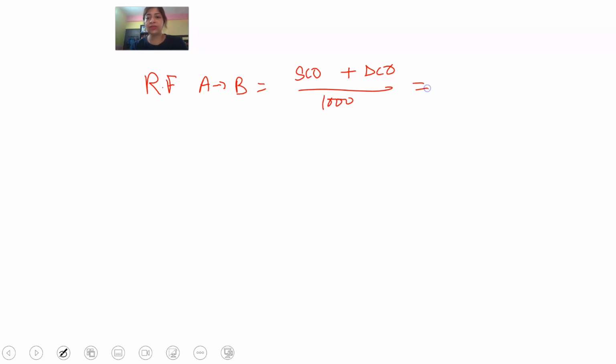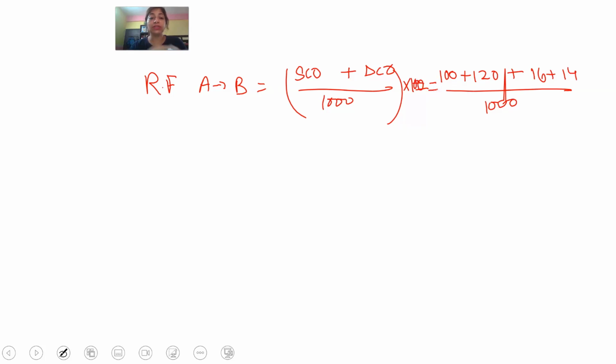Now what are the SCOs? One class was 100, one was 120, and for the DCO it was 14 and 16. Then we divide by 1000 and multiply by 100, because the map unit, the distance between AB, is given as recombination frequency percentage.